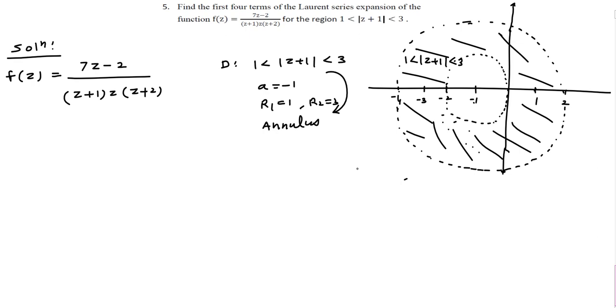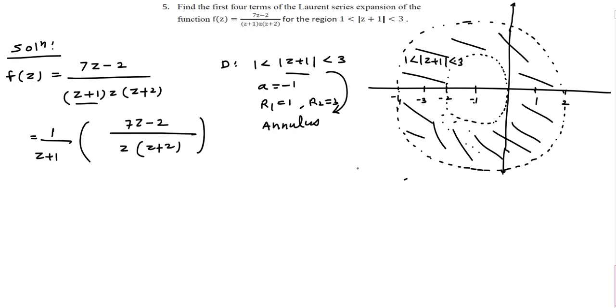So first of all we have to write, because this term is here, so take z + 1 outside, that is 1/(z + 1), here will be 7z - 2 over z times (z + 2). So let us suppose that 1/(z + 1) is g(z).